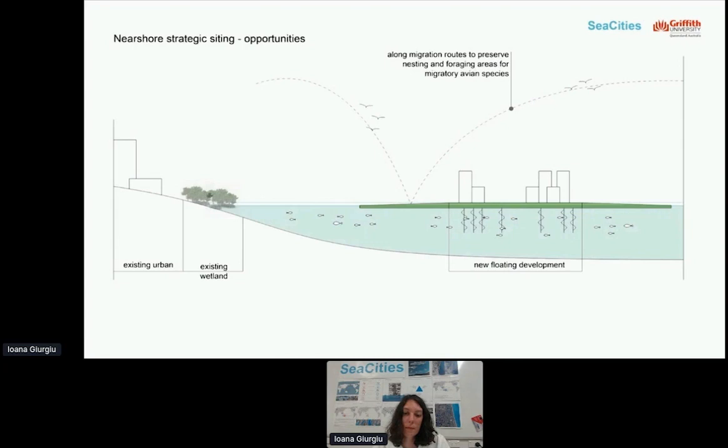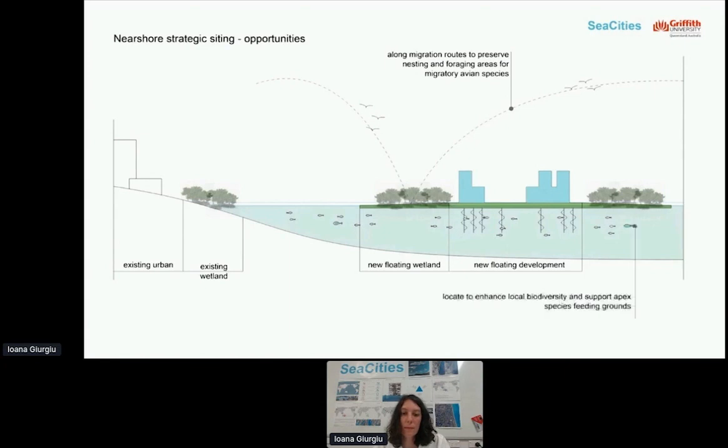On the one hand, floating solutions could offer additional space for displaced populations, but also, for example, through the integration of floating wetlands, they could provide additional feeding and nesting areas for threatened migratory species. Especially in the case of migratory birds, current research shows that these species play a key role in supporting local food webs and implicitly the human communities that rely on local fisheries and other ecosystem-derived services.